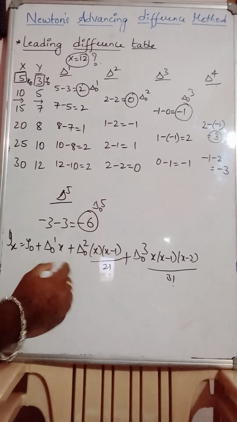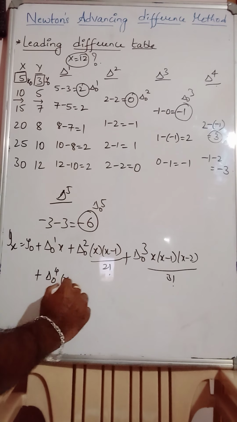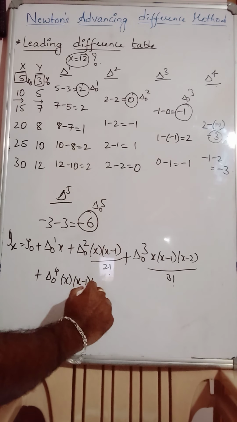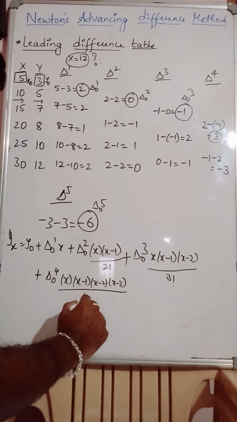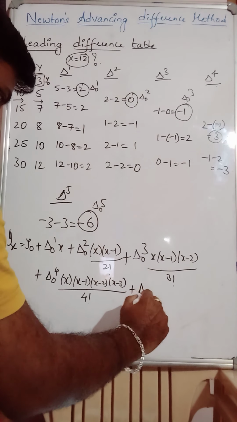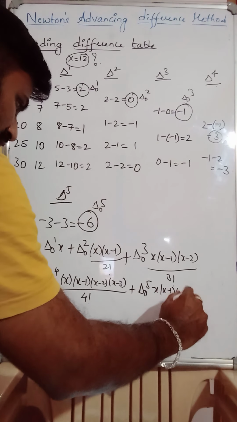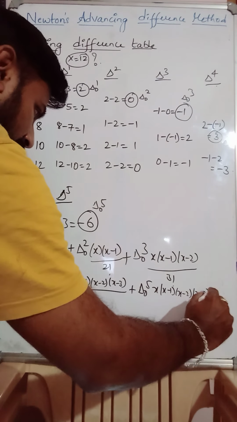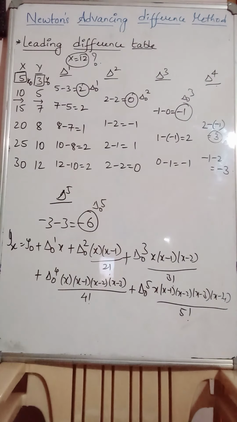Till delta naught 5 we have to take the formula. Delta naught 4 into x minus 1 x minus 2 x minus 3 by 4 factorial plus delta naught 5 into x minus 1 x minus 2 x minus 3 x minus 4 by 5 factorial. Till 5 factorial it has to be taken.